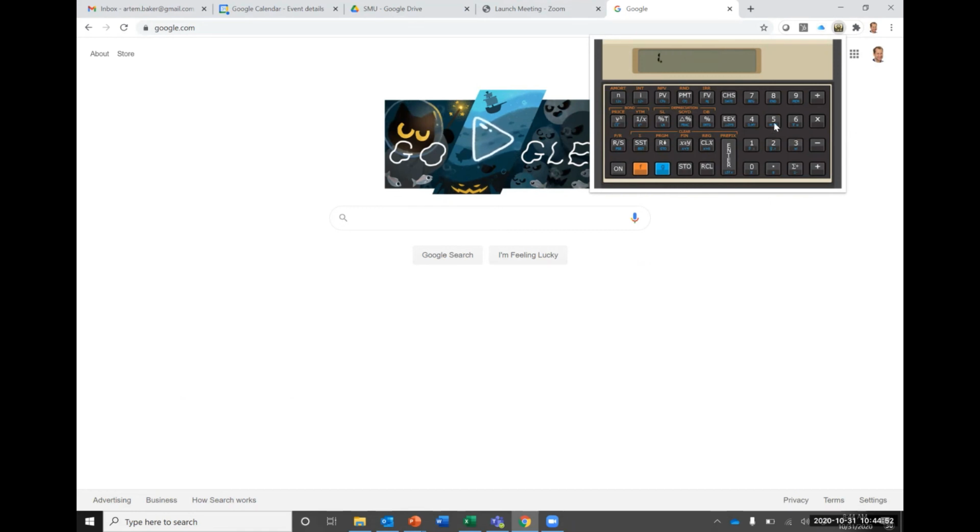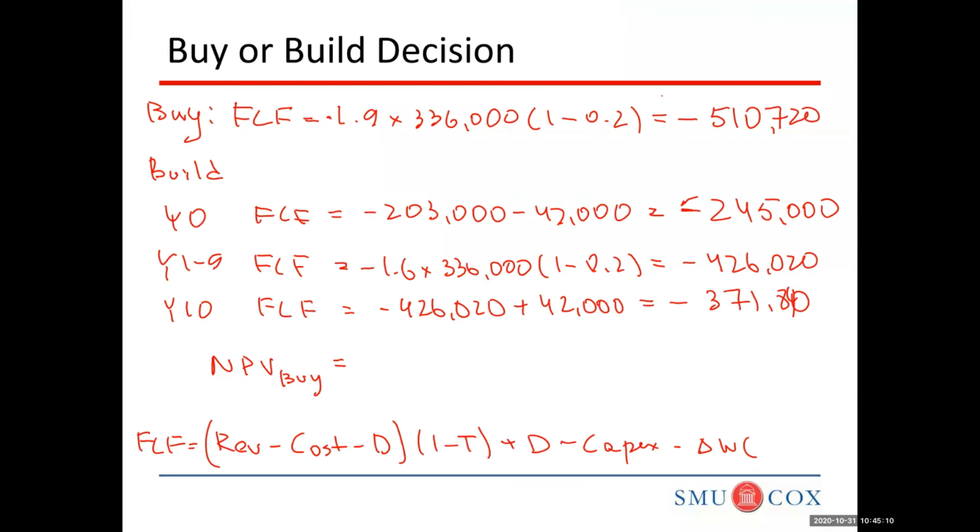And then the interest rate is 15. So the present value is 2,563,186. And it actually should be negative. The calculator reversed the sign, but because the cash flows are negative, NPV will be negative.